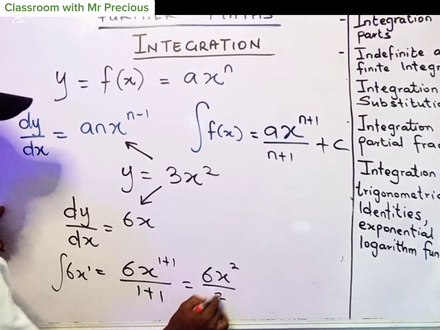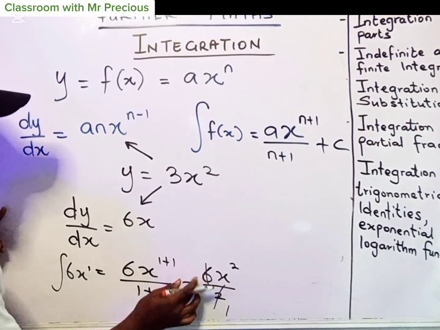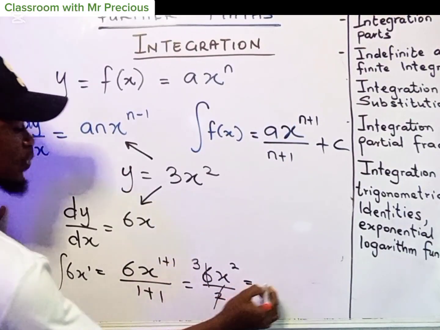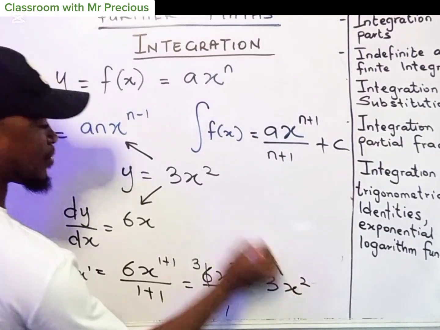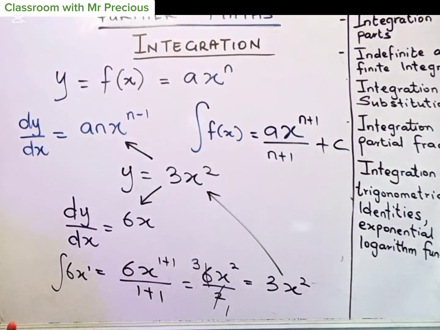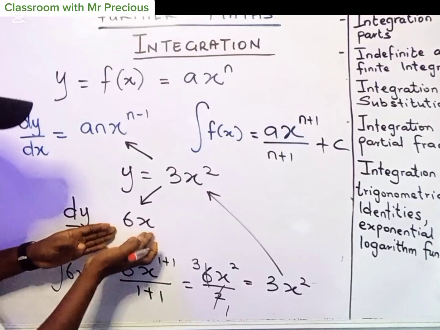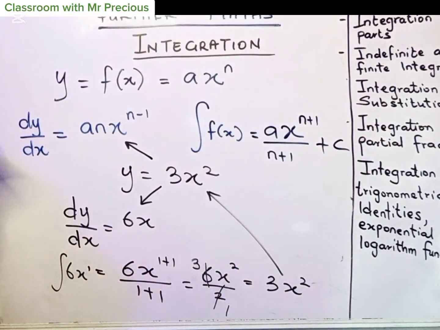Are you seeing it? When you cancel 2 from here, you have 3. So you have your 3x squared back. That's why I said differential and integration are just like words and opposites. When you find a differential, you get the integral back to get the function.